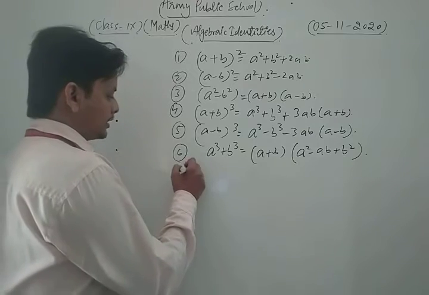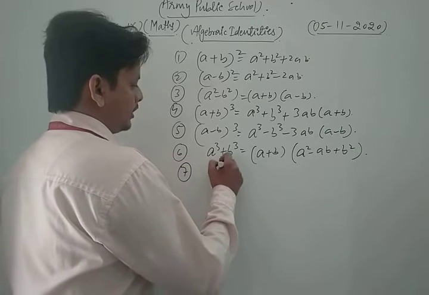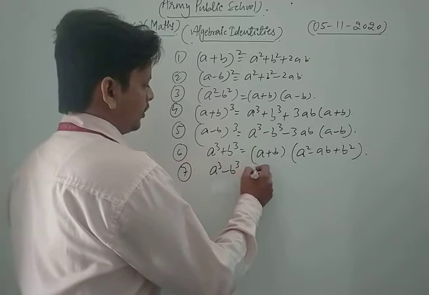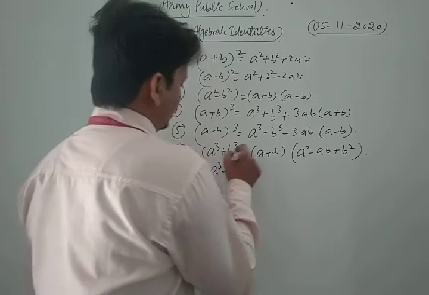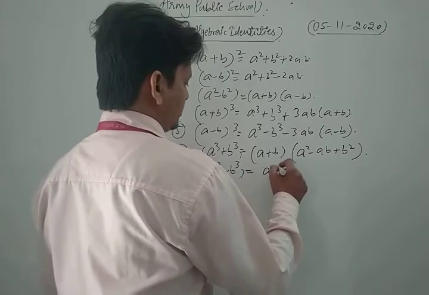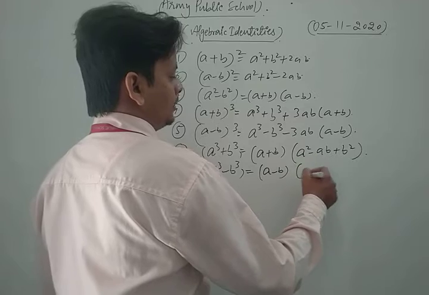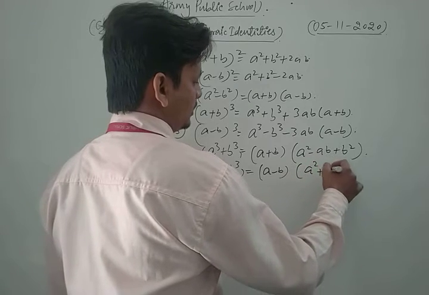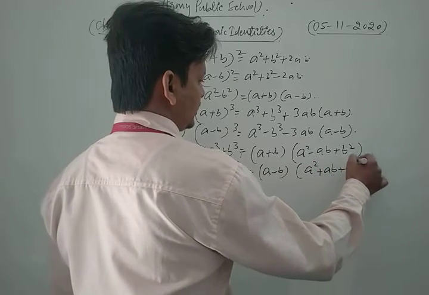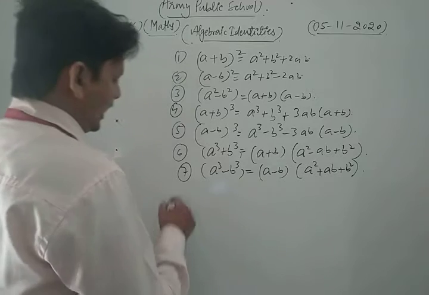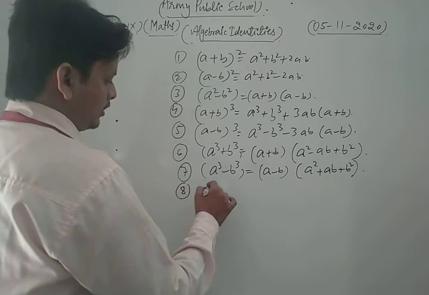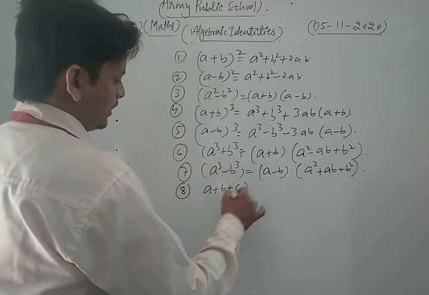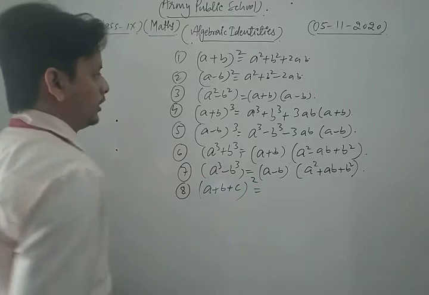Now next one. Seventh is what? a cube minus b cube. The formula for a cube minus b cube is what? (a minus b) in one bracket and in another bracket (a square plus ab plus b square). Okay, and next one is what? (a plus b plus c) whole square.